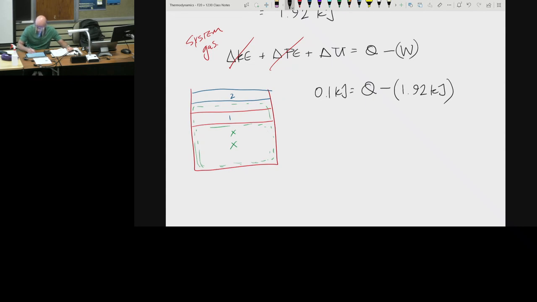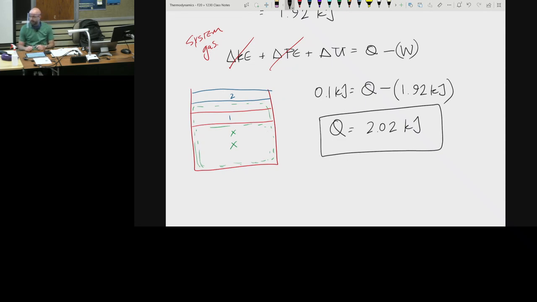And so the heat transfer is going to be 2.02 kilojoules. And it's positive, which means that heat is taken from the surroundings and added to the system, which is exactly what we expect it to be.